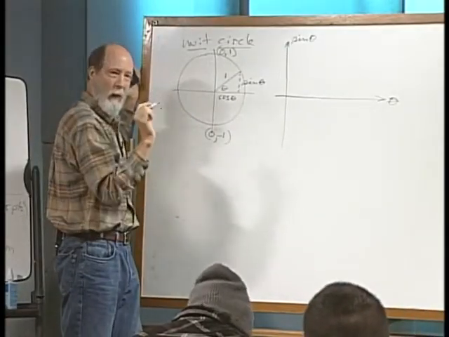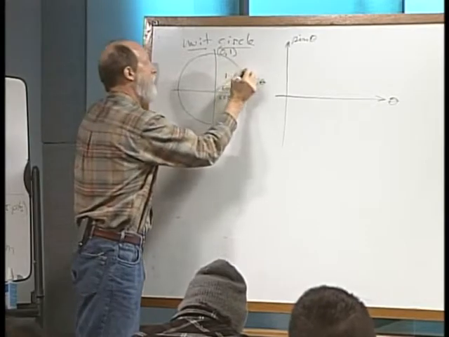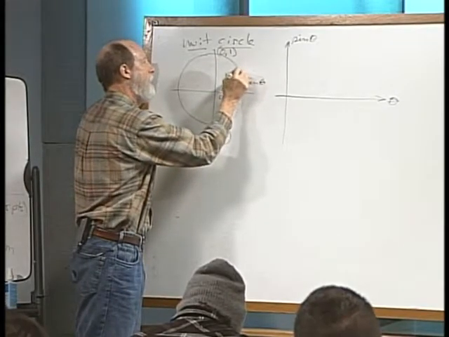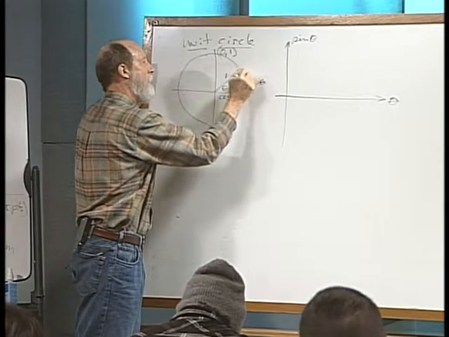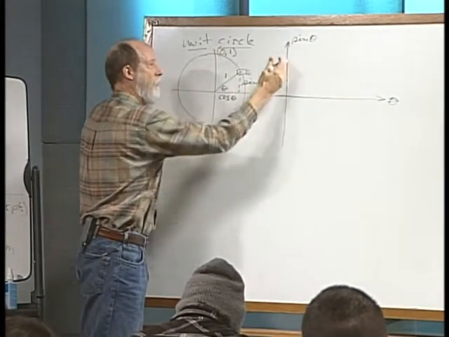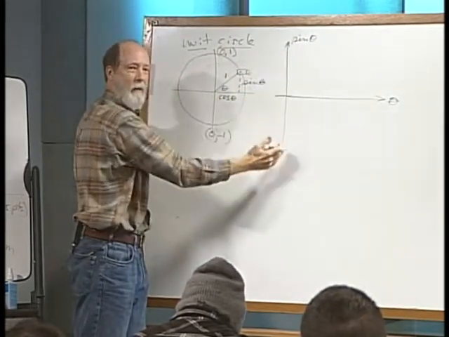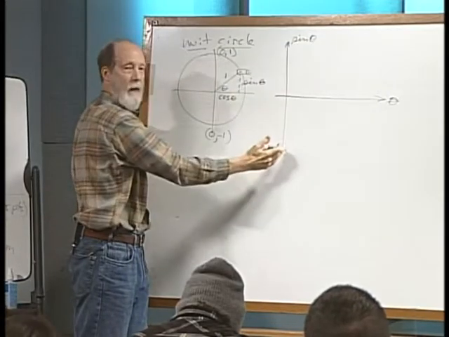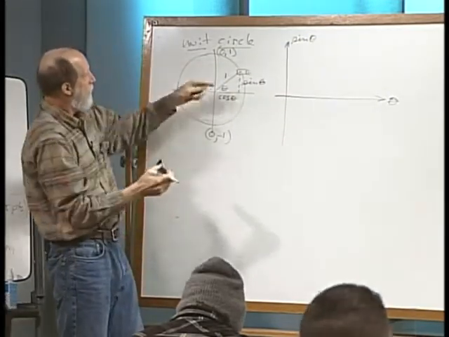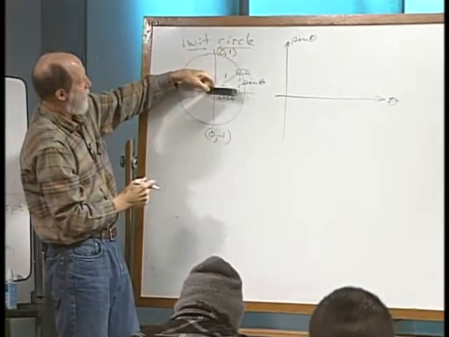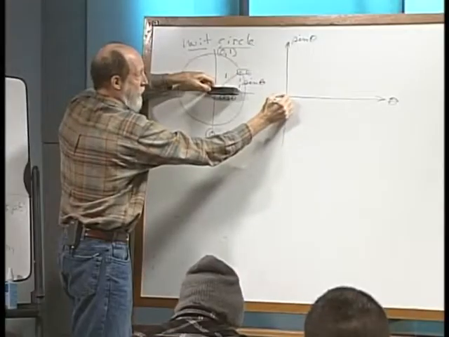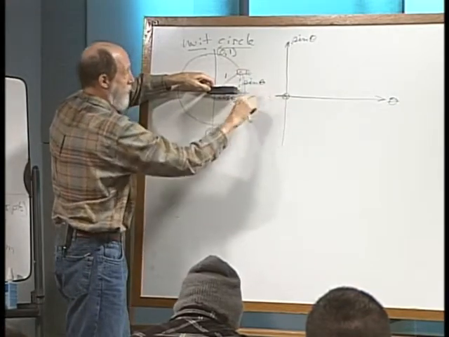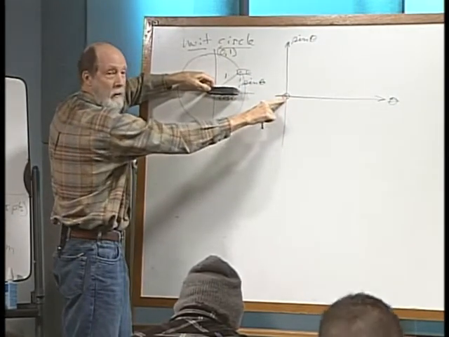Here's a way of thinking of it. If I took a little flashlight and shined it this way over onto a screen where the y-axis is, if you started with your angle at 0 degrees, we would see the light image on the screen right here, wouldn't we?